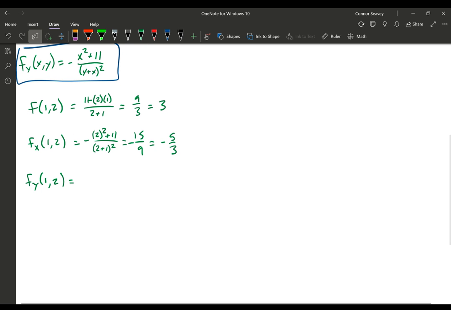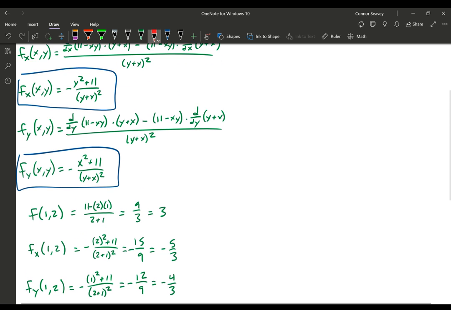And lastly, f sub y of (1, 2) is going to be (negative 1 squared plus 11) all over (2 plus 1) squared. This is going to give us negative 12 ninths, or negative 4/3. All right, so now we're ready to find the tangent plane.